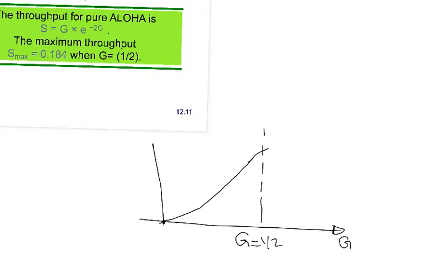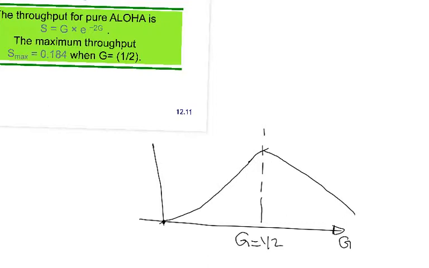After that, we reach the maximum throughput. When g is more than half, the system starts to decay in terms of throughput, so the throughput will decrease, not increase.